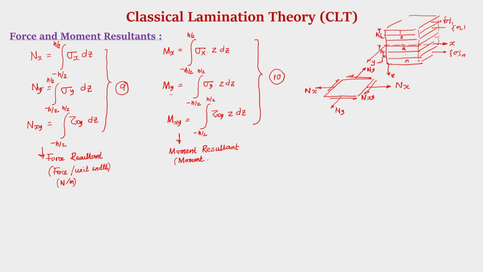Even though we say moment of the force, it is actually stress multiplied by the thickness, therefore force per unit length, therefore it is moment per unit width or length. Therefore, its unit is Newton meter per meter.